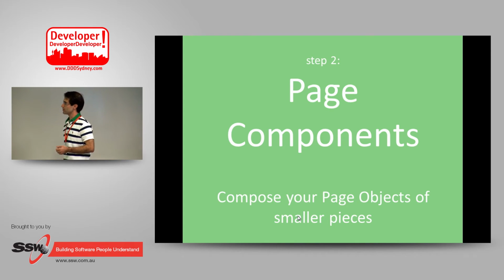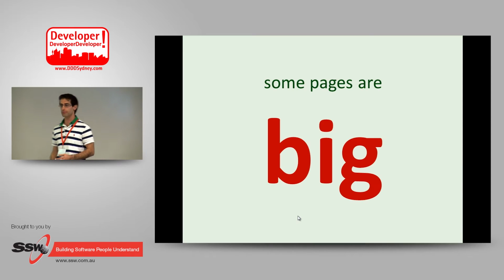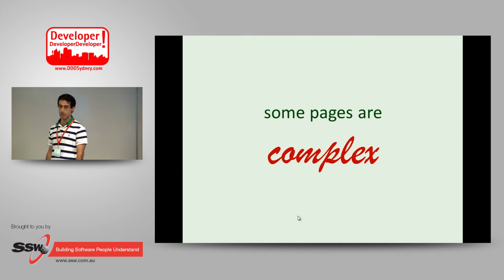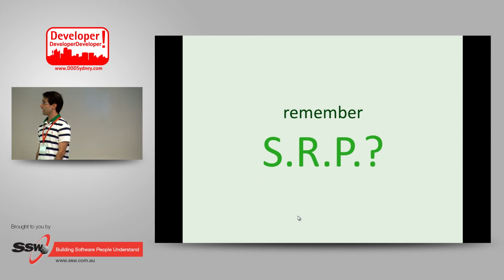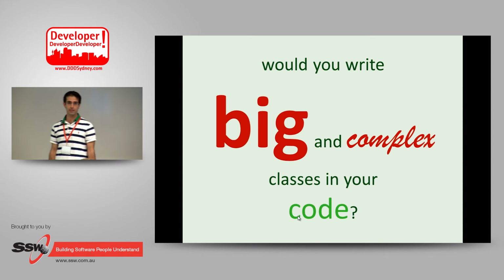So step 2 is to use page components. You can use page components to compose your page objects of smaller bits and pieces. Forget about testing altogether. Some of the pages on our website are big. Some of the pages are very complex. And if you're following the single responsibility principle in your code, you wouldn't end up with a big and complex class or page in your code, right?